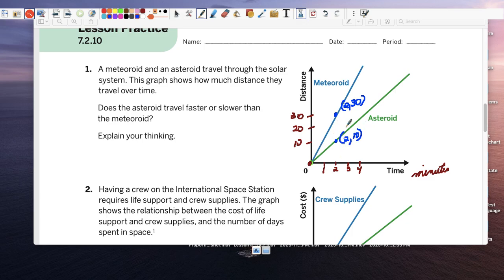So you can do this, right? Put some context, put some numbers. It's easier to visualize. So you can clearly say that the asteroid is slower than the meteoroid.